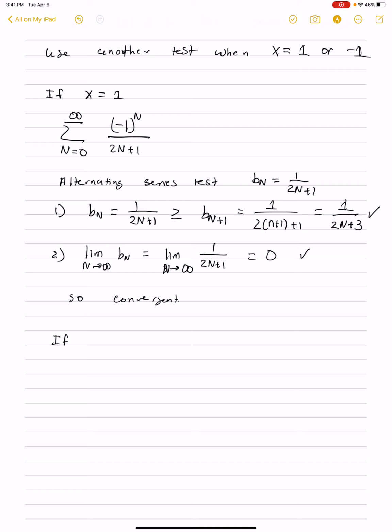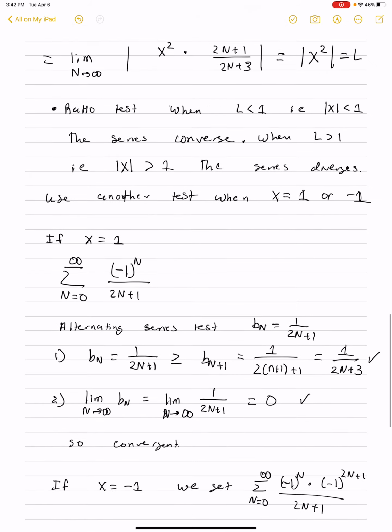Now, if x equals negative 1, we get this summation from n equals 0 to infinity. And I'm going to have minus 1 to the n. Remember, I'm going to plug in x is 2n plus 1, divided by 2n plus 1. And let's just double check, I got the series right.